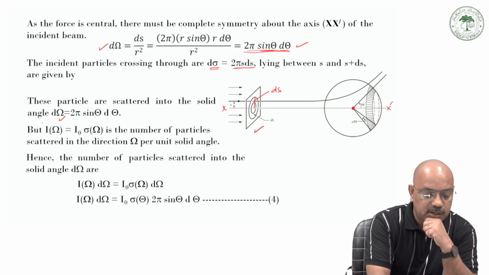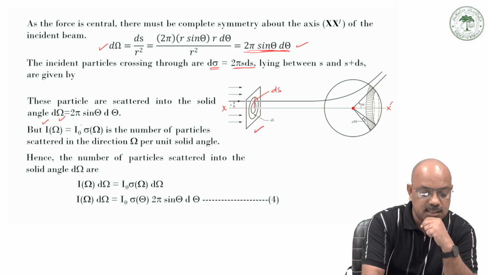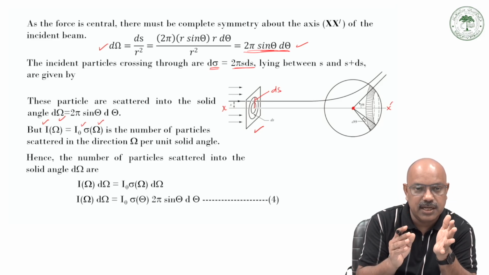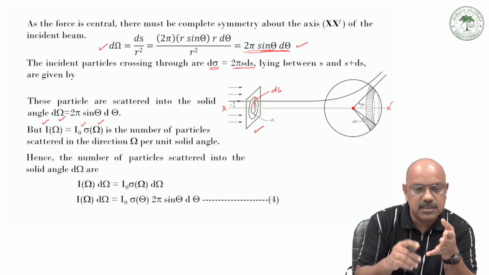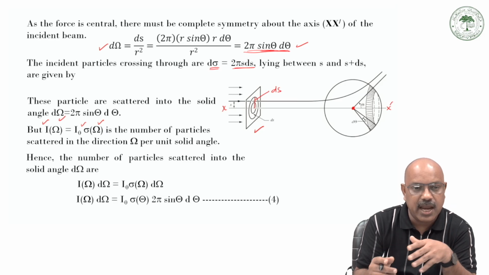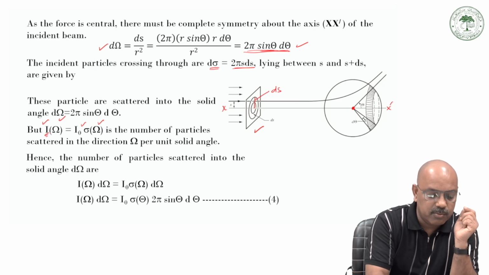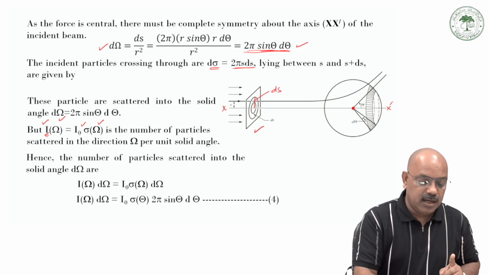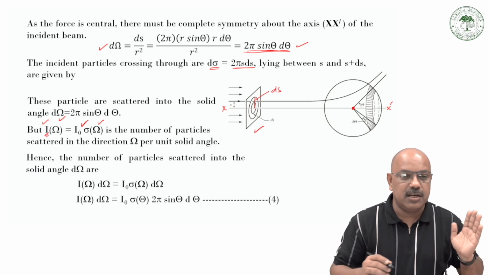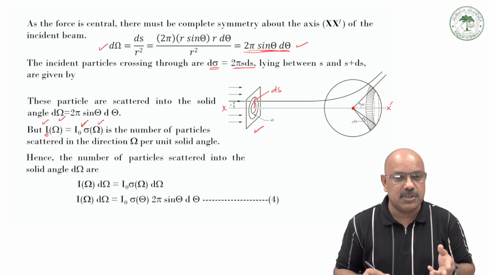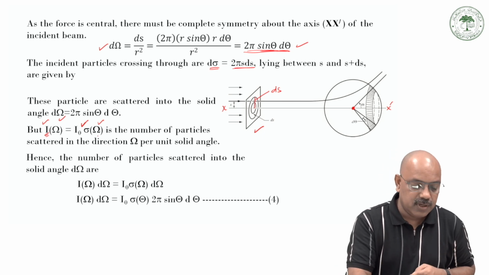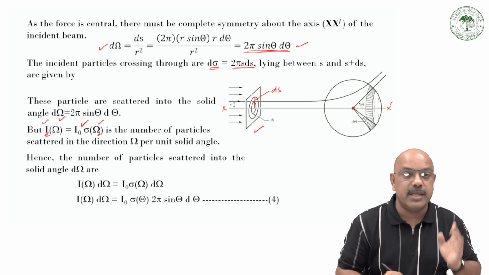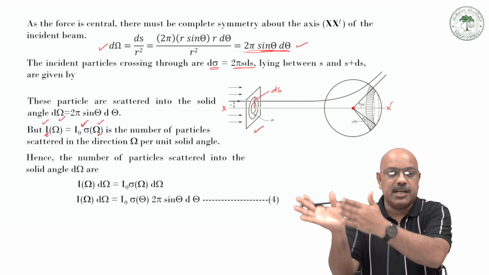And also I know that I omega is I naught d sigma, because I naught is the incident intensity, and I is the intensity of the scattered particles. So the number of incident particles which are scattered in the direction of this omega per unit solid angle is basically the intensity of the scattered particles.